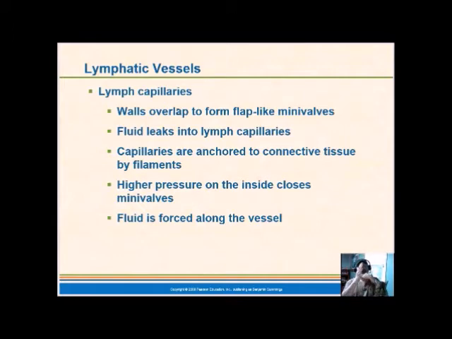They have flaps that will open and close, so fluid leaks into those lymphatic vessels. The capillaries are anchored in place by some filaments so they don't move around. And then the higher pressure when we activate our muscles causes those valves to close, and the fluid gets forced along the vessels.